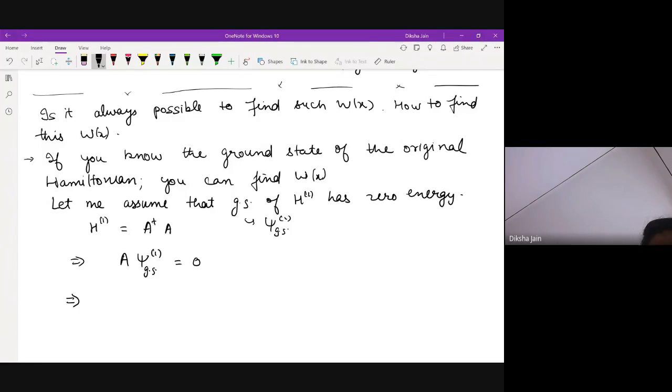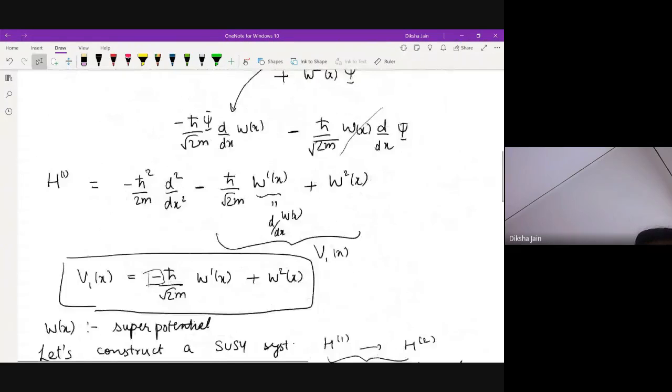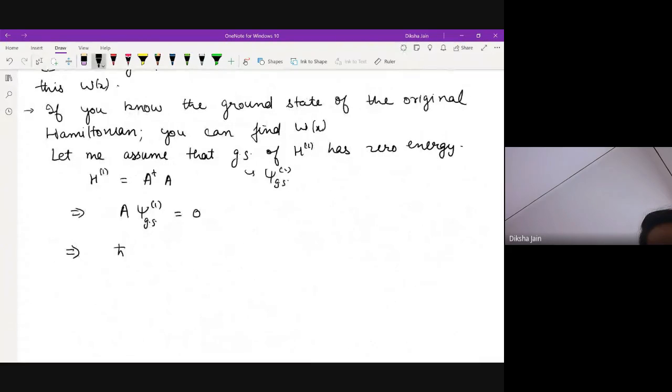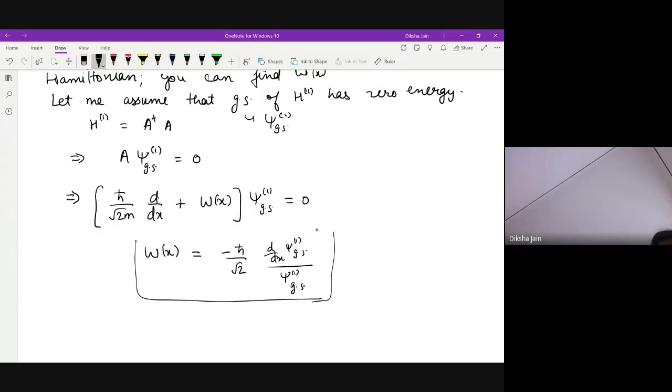Now A in terms of the superpotential was given by a differential operator, h bar over root 2m d by dx plus W of x, acting on psi 1 ground state equals 0. You can just solve this differential equation. You find that W of x is just minus h bar over root 2m times the derivative d by dx of psi 1 ground state divided by psi 1 ground state. So W of x is just given by this.